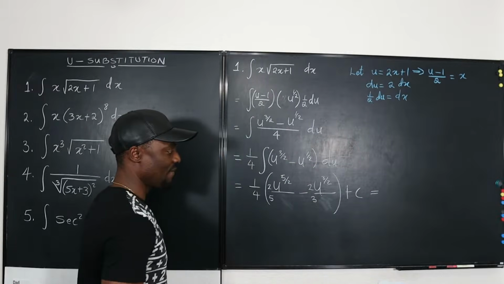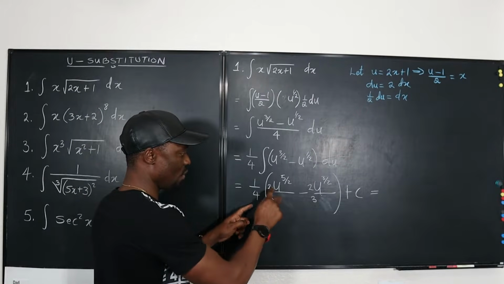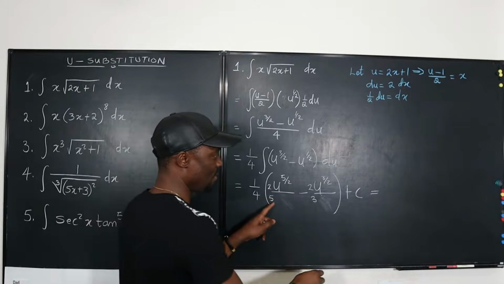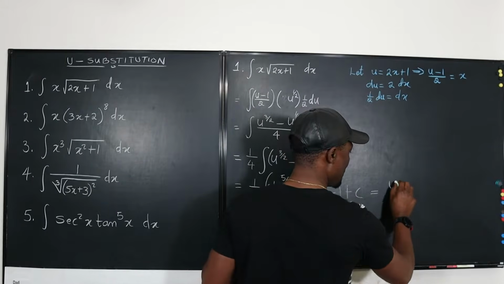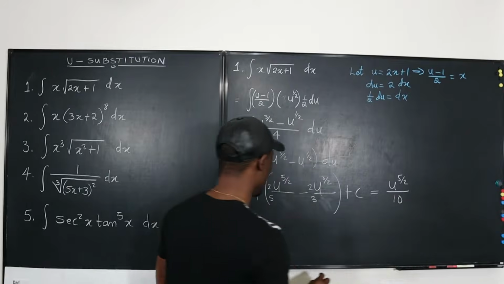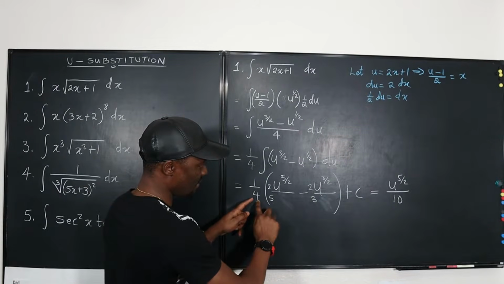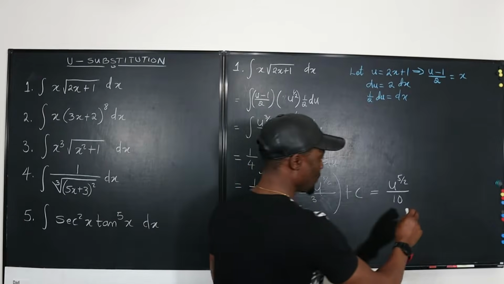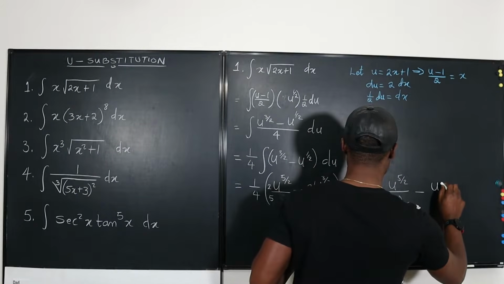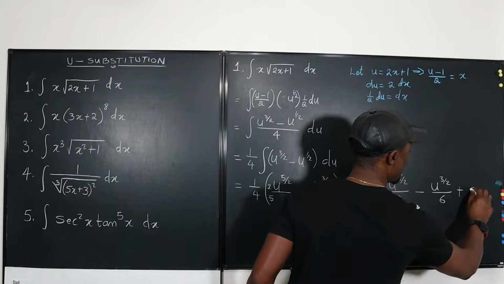You see that? That's a quick way. Now let's distribute this 1/4. Oh, 2 is going to cancel this, so you have over 10. So here you have u to the 5/2 divided by 10. That's what you get on the left. Here you have 2 canceling this 2, you get 6. So you have minus u to the 3/2 divided by 6 plus c.